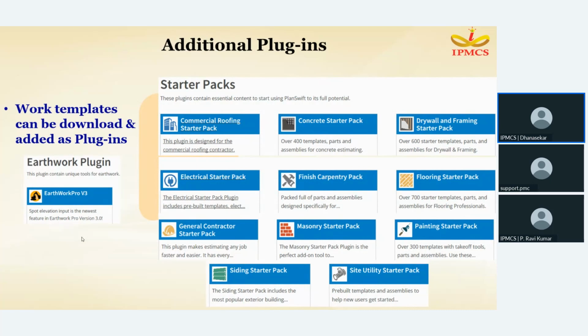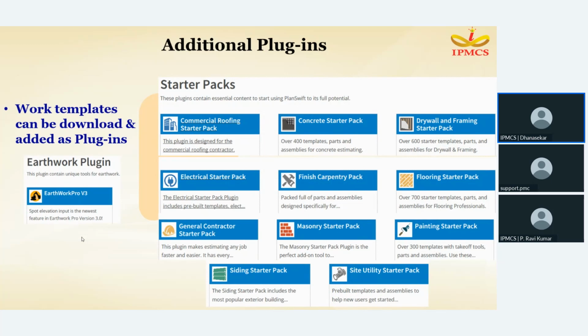In PlanSwift, we can get plugins like the earthwork plugin, which will help for structural quantification like foundation, earthwork, and pile foundation. The electrical starter pack will help for MEP fittings.